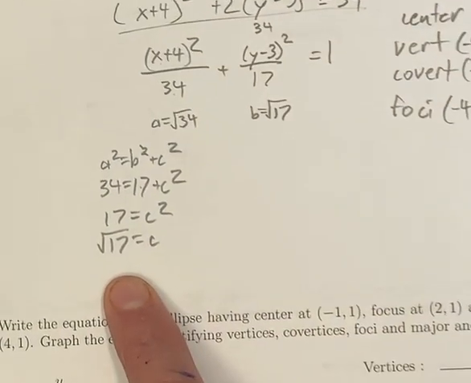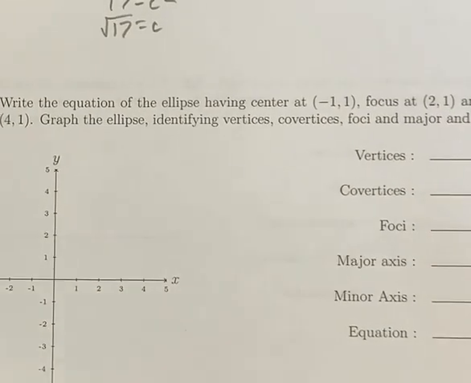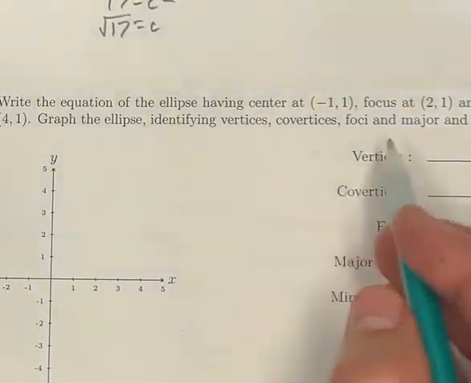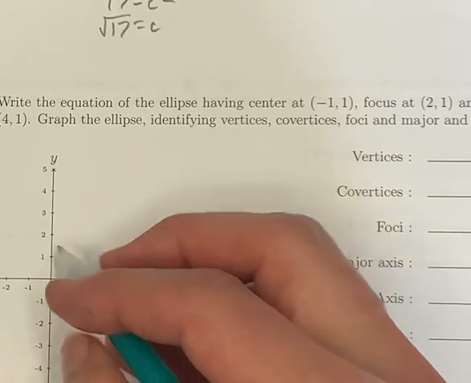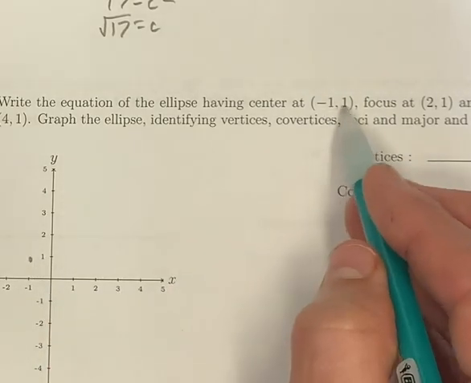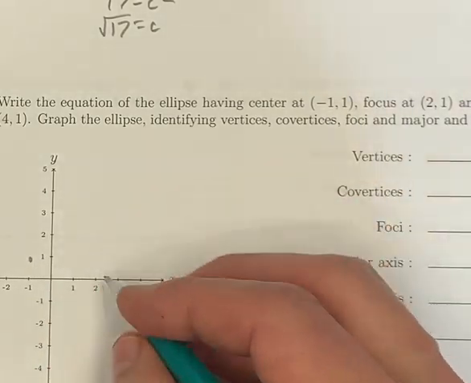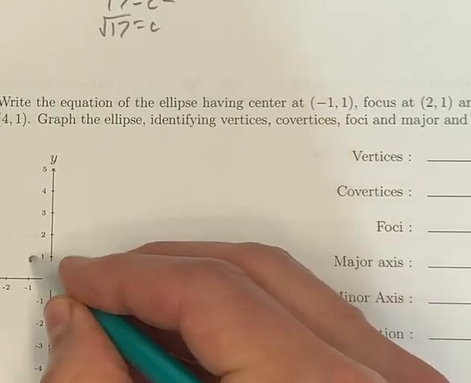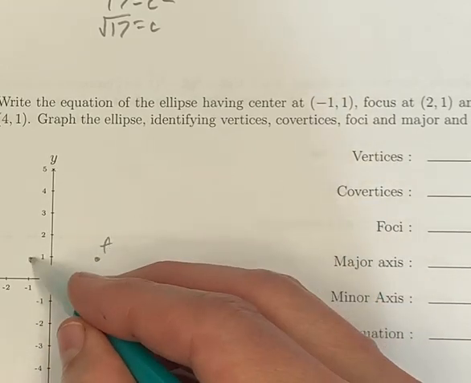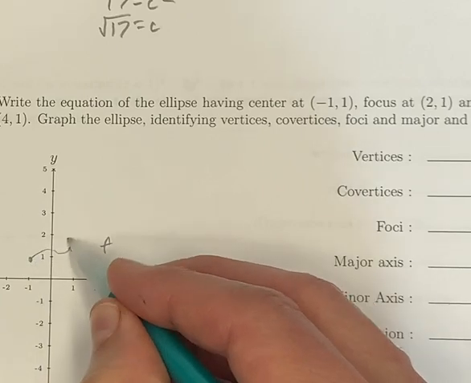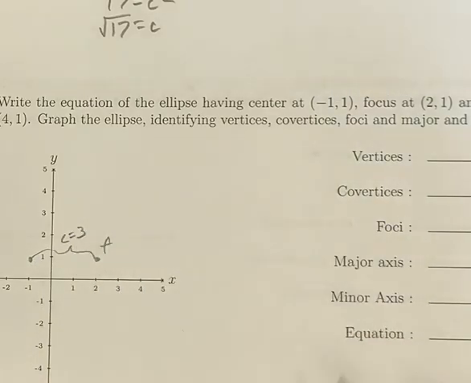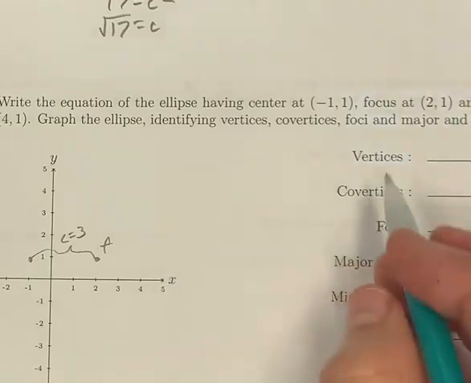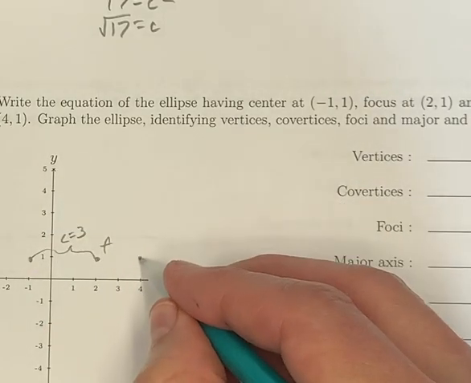That's all the stuff on the first one. How about the next one? Well, here we're going to do something similar, but let's just put in the center at negative 1, 1, a focus at 2, 1. Just to highlight, if you have the center and a focus, you actually have C already, that's 3, the distance from the center to the focus. A vertex at 4, 1.